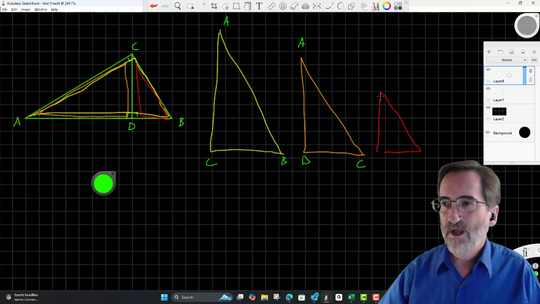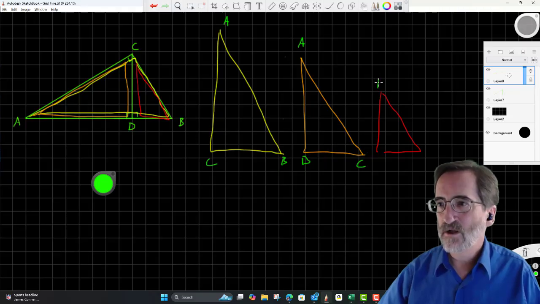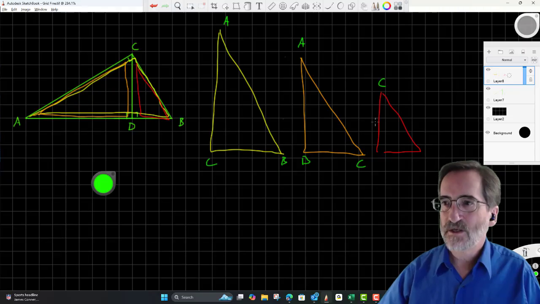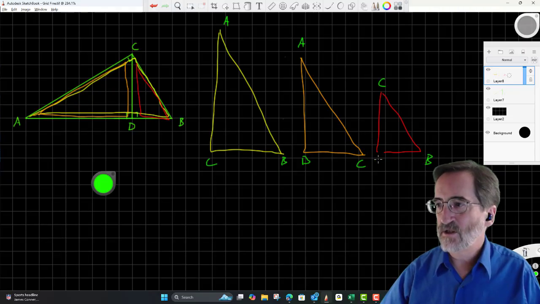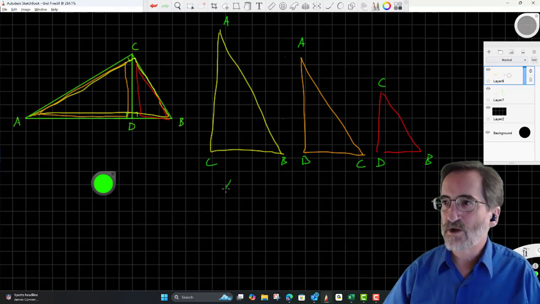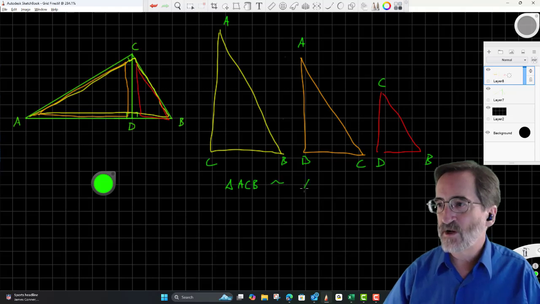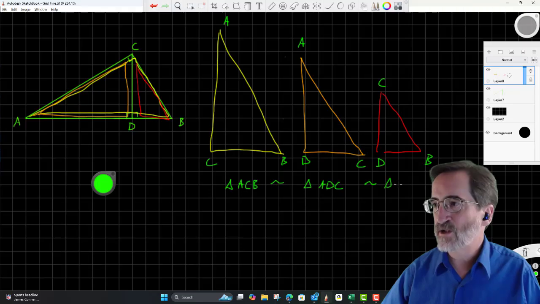Small angle, angle B, angle C, and I'm looking at the BD. So you can see that triangle ACB is similar to triangle ADC is similar to triangle CDB.